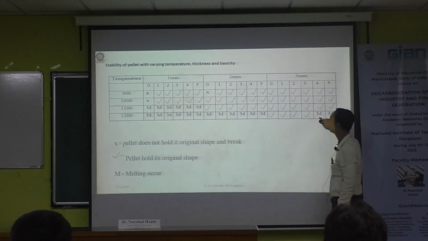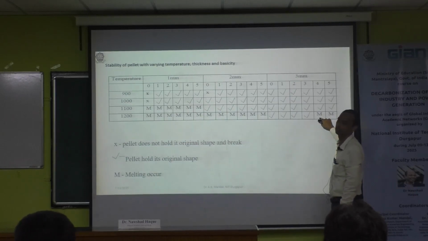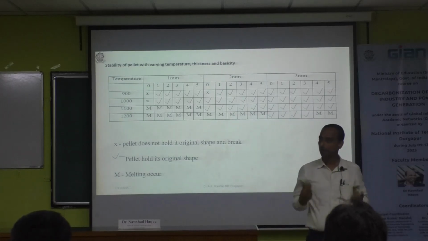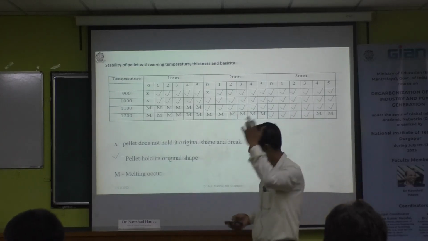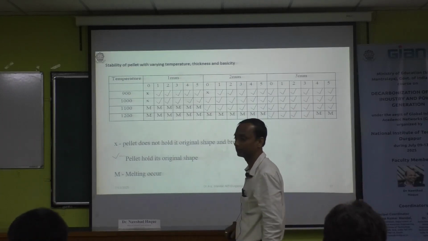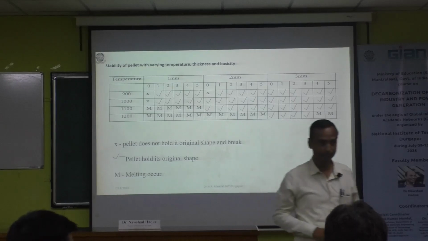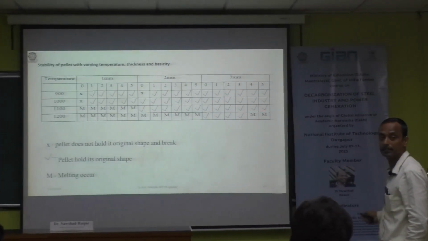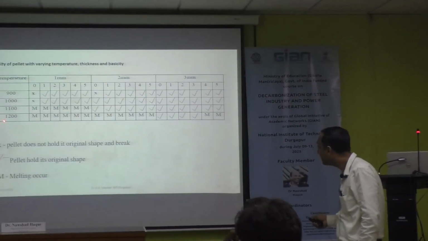But when you use a high flow height, it will not be stable. Therefore, you have to choose these parameters. What is your requirement of basicity? Then accordingly you have to choose it. The 3 mm is at what basicity? If you see here, 4 and 5 basicity, the pellets are hardened at 1200.